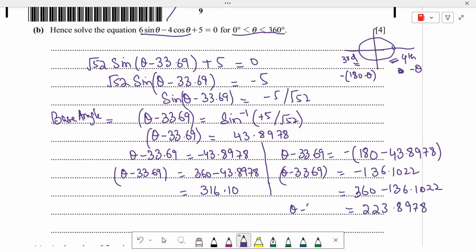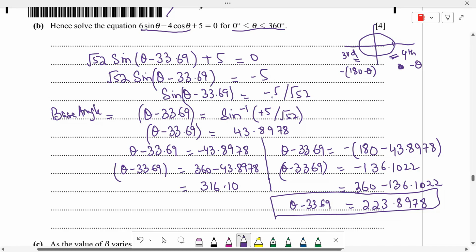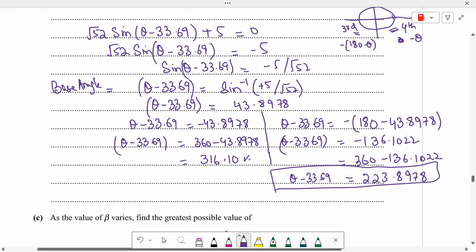So theta minus 33.69. So we can say that sine inverse of negative 5 over under root 52 has two angles, this one and this one.